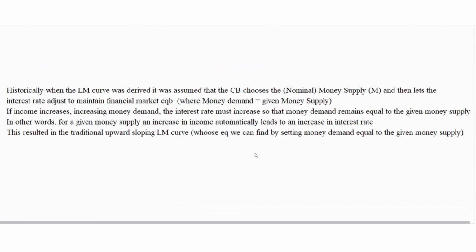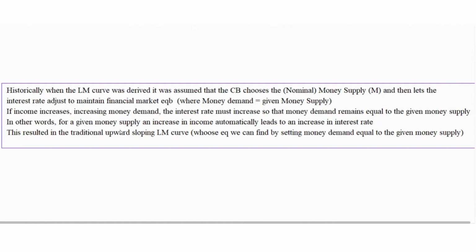Since the money supply is fixed, to maintain money market equilibrium, the interest rate would increase, because when we assume a fixed money supply policy, what adjusts to maintain equilibrium is the interest rate.